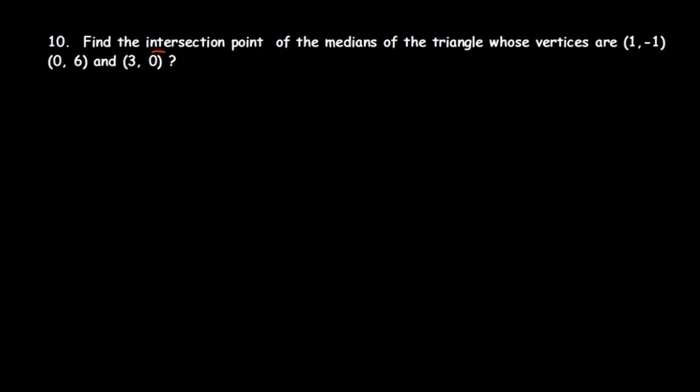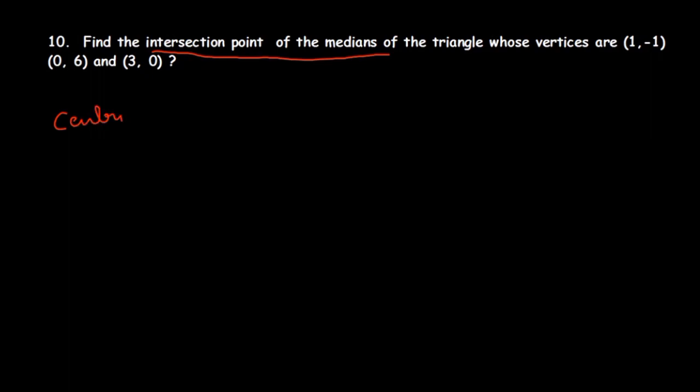Find the intersection point of the medians of a triangle whose vertices are (1, -1), (0, 6) and (3, 0). Just now we discussed the centroid definition: the centroid is nothing but the intersection point of the medians. Here they asked indirectly, so it means this is the centroid. You know the centroid formula.